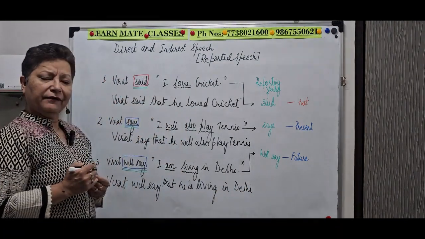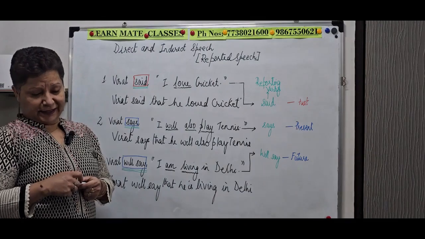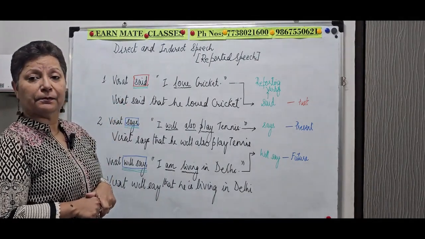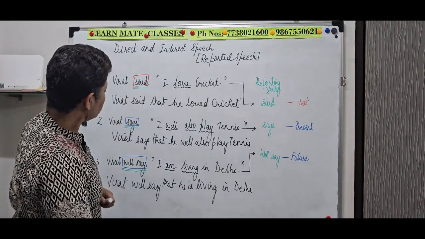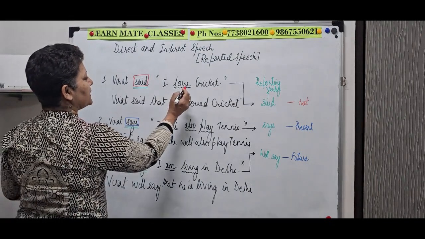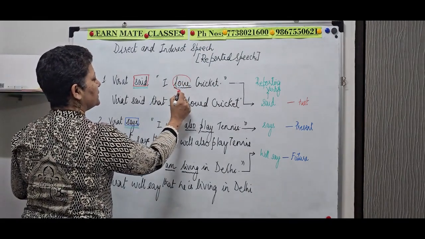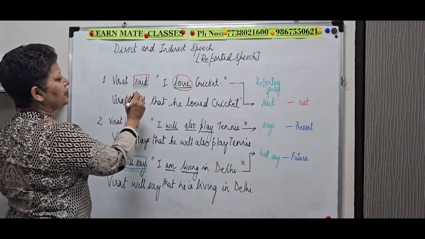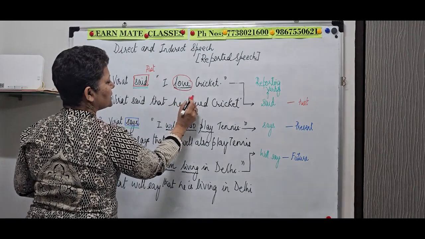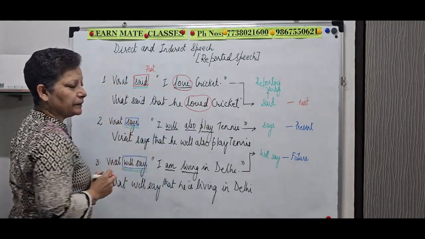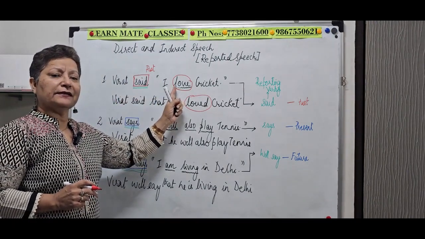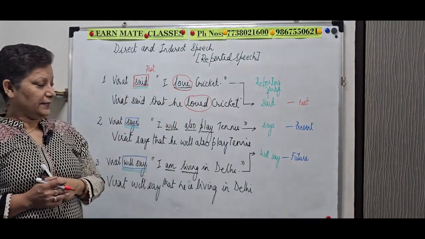Okay. Having said this much, you will notice that the moment my reporting verb was in the past, something happened to my verbs inside. My verb inside, here this was the first verb, love. This being in the past, this has also changed and it has become loved, right? So this being in the past, my present tense verb has changed into the past.